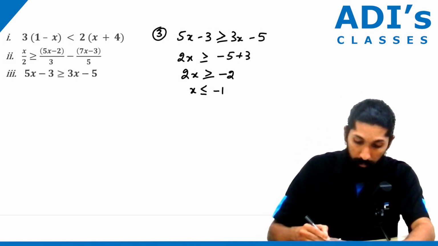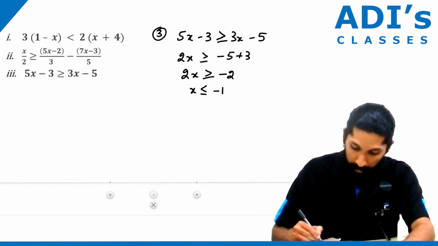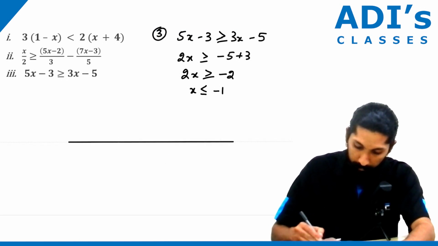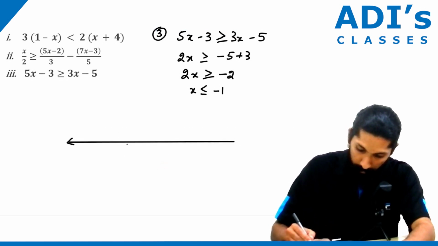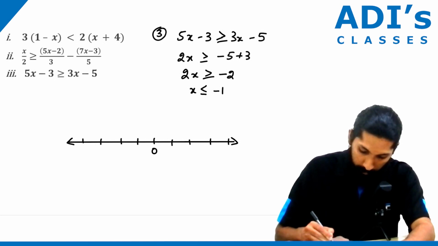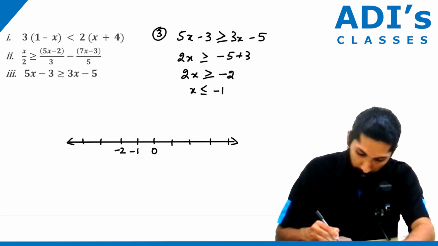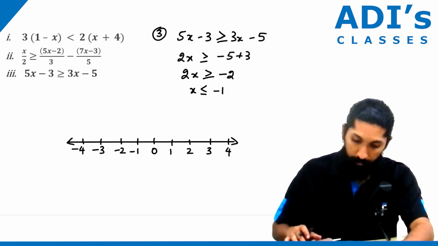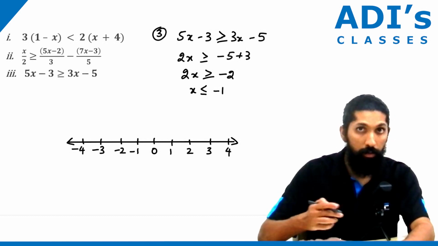So what do we do now? First let's draw the number line. So we are going to have the number line like this. This is 0, say 1, 2, 3, 4, minus 1, minus 2, minus 3, minus 4. Greater than or equal to minus 1.